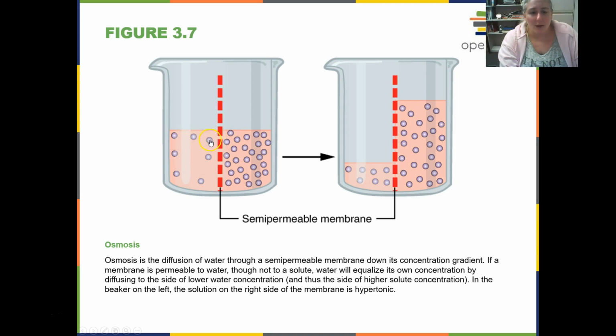Over here you have 7 different solute molecules, and over here you have a lot more, like 20 or 30. Water moves from higher to lower concentration. There's a higher concentration of water to solute on this side than this side, so it's going to move until we have an equal water-to-solute ratio on each side.